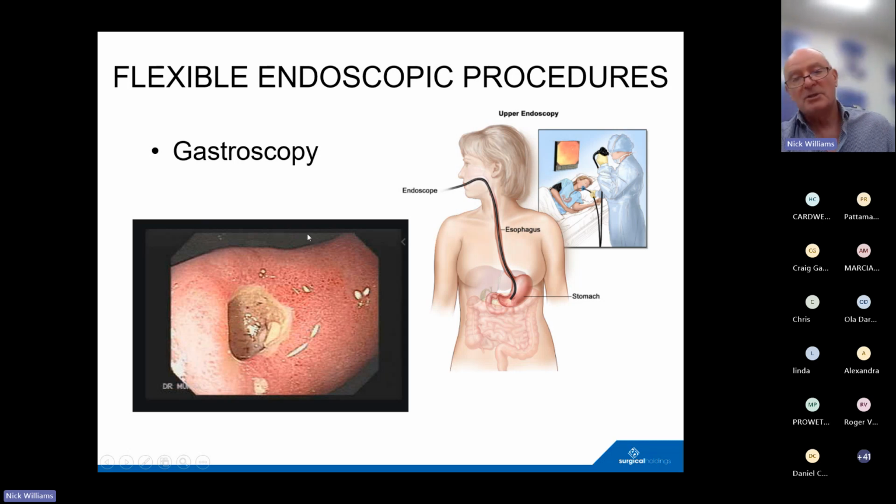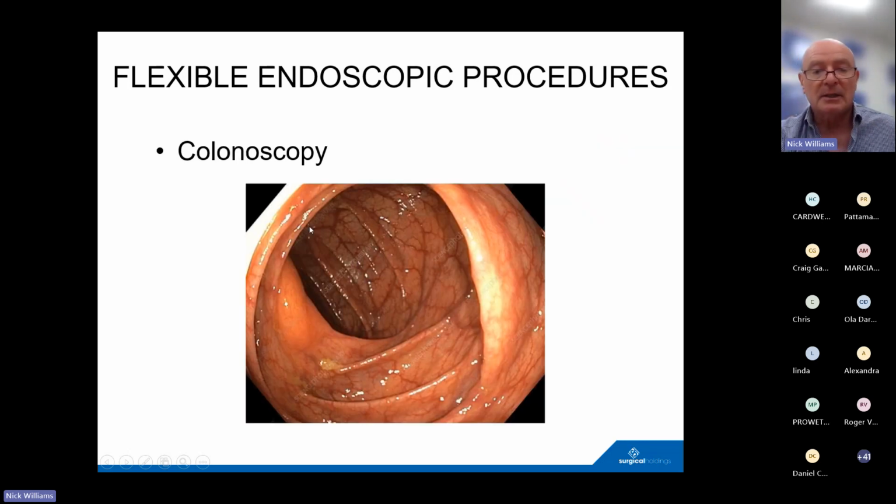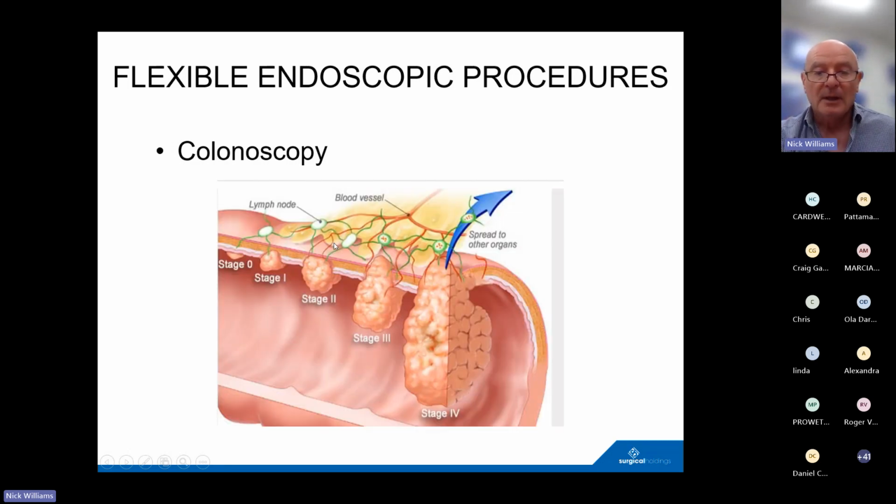So very common procedure, as are the lower tract. That's a view of the colon through a scope. And I think this is a good example. I've used this slide as an example because of how flexible endoscopy has moved from diagnostic to therapeutic.